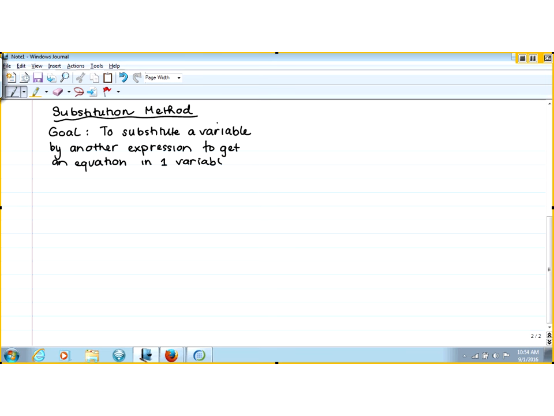So your goal is to get an equation in one variable. That's why we do substitution, right? You want to get one equation with one variable.